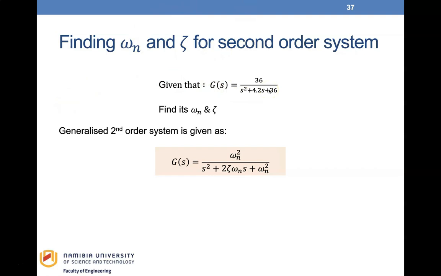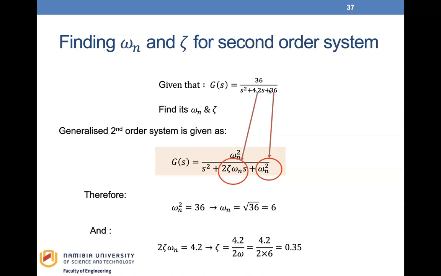You can see that omega n squared equals 36, and therefore omega n is the square root of 36, which is 6. And then 2 zeta omega subscript n equals 4.2, and hence our zeta is 0.35.